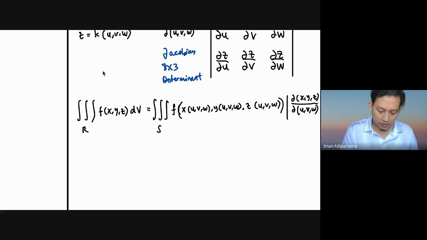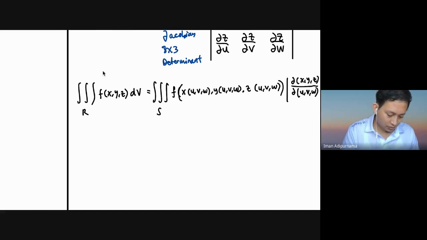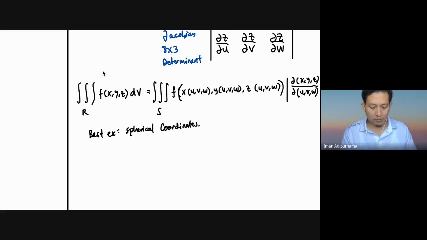Okay, let me write the spherical coordinates. So best example, spherical coordinates. Okay, remember spherical coordinates, you will have rho sine psi cos theta instead of r.